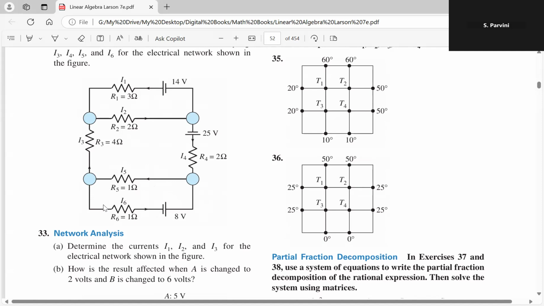Okay, so let me now draw this on the paper. So while you're looking at that, I'm just drawing it. Just give me a few moments here.